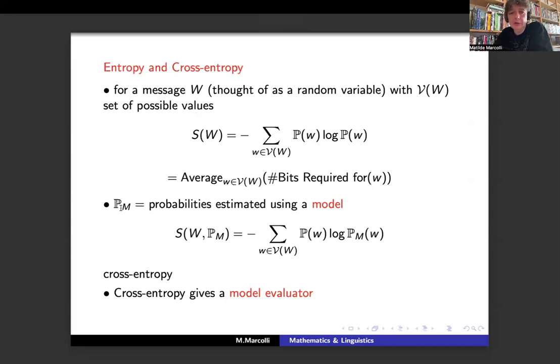So you can think of this kind of cross entropy as being a sort of model evaluator. If you are modeling according to a certain probability distribution, but you don't know what the actual real one is, this gap of the cross entropy is telling you how good your model is or not.